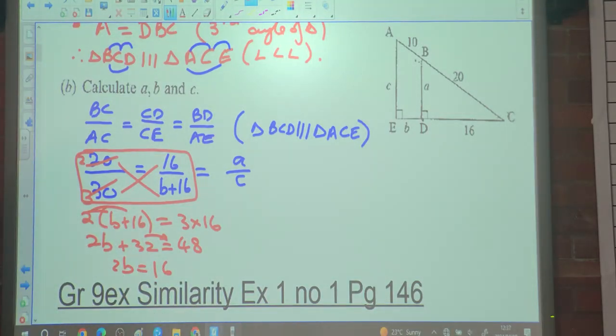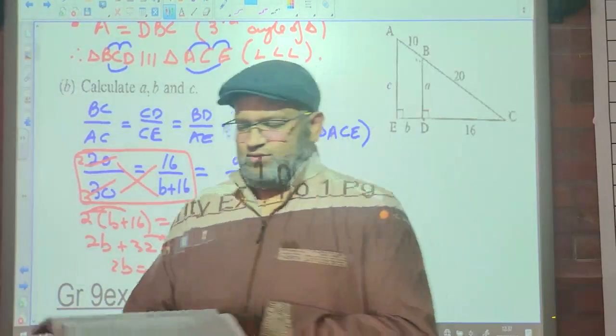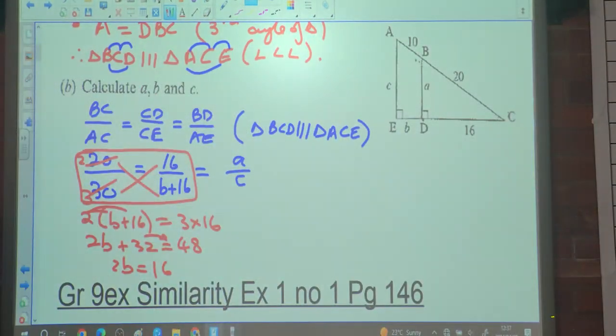So b works out to be 8. Is there any confusion there so far? Okay, so b is equal to 8.